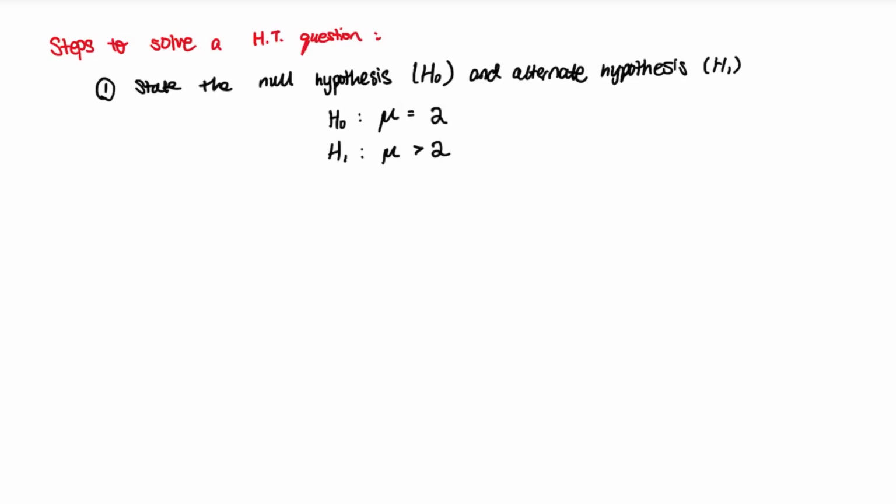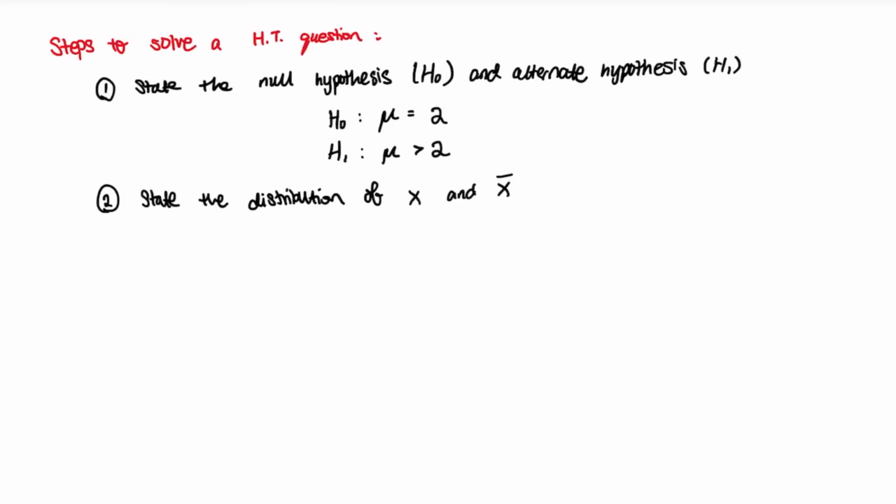Once you've done this, move on to the next step, which is to state the distribution of your x and your x bar. So your sample and your original distribution.